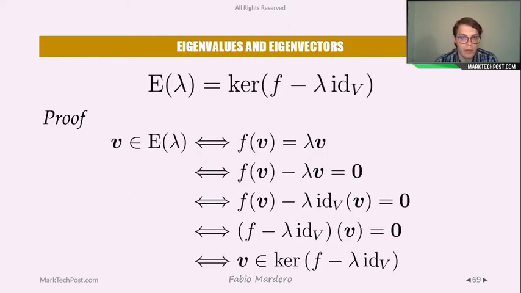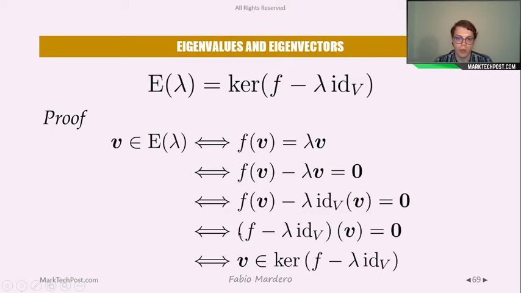We can prove this relationship in a very easy way. If the generic vector v stays in the eigenspace of lambda, it means that this relationship holds. So we get this, and we can write v as the identity linear mapping applied to v. It's the same.